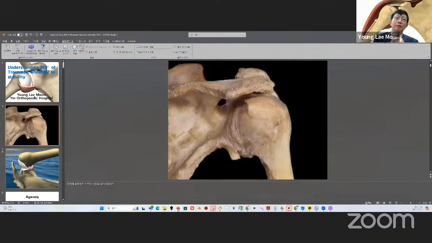But if the patient is in the late 20s, I think it over after the first dislocation, whether to perform the surgery or not. If he is a contact sports player, maybe I perform arthroscopic surgery first. If his condition recurs again, maybe I perform the open Bankart repair or Latarjet.